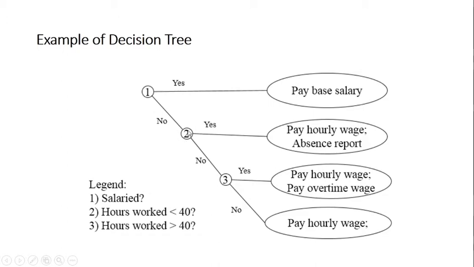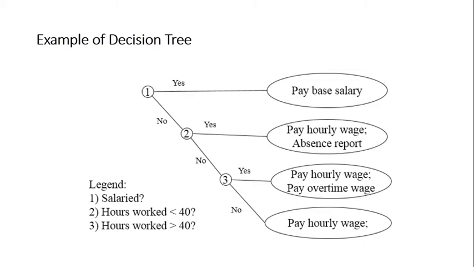The second decision point is whether the number of hours worked is less than 40. If this condition is true, that is yes, the number of hours is less than 40, so the outcome is to pay the hourly wages. Along with this, you have to prepare the absentee report. So when you have multiple conditions, you will put a colon here, right? In that case, what will be done here?